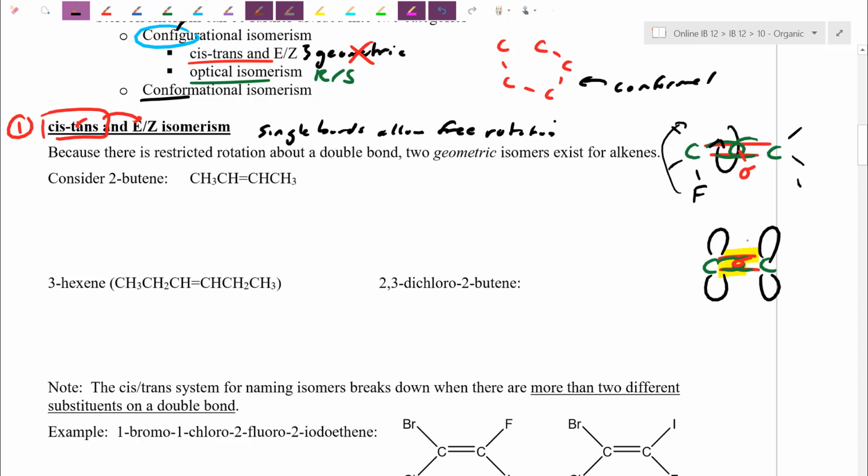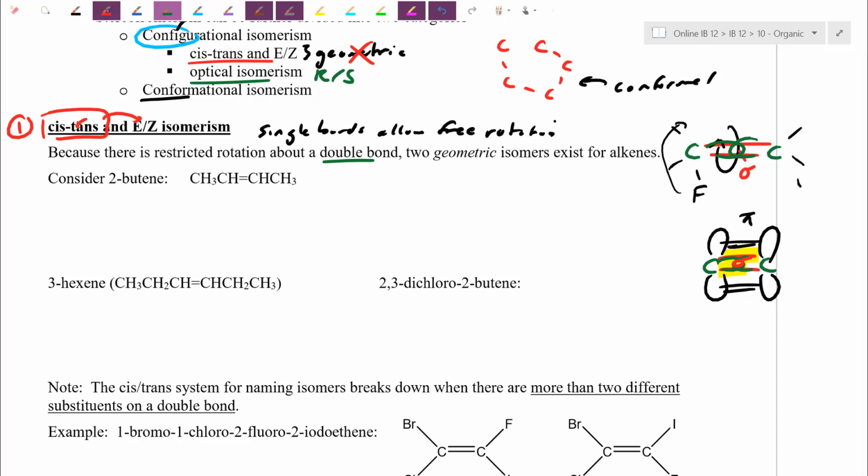Those ones there were actually parallel overlap here. The above and below overlap is just one pi bond. Anytime you intend to actually twist these carbons, you physically need to break that pi bond. So because that doesn't naturally happen, especially for an alkene that has one double bond, you actually give rise to two different types of geometric isomers called cis and trans.